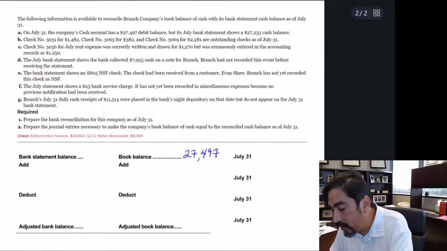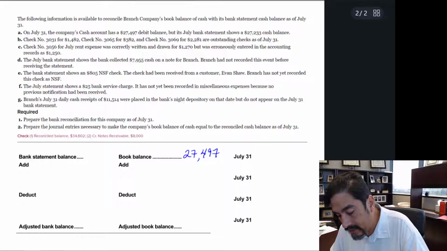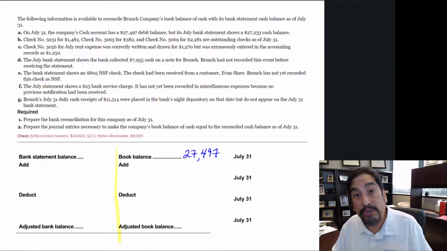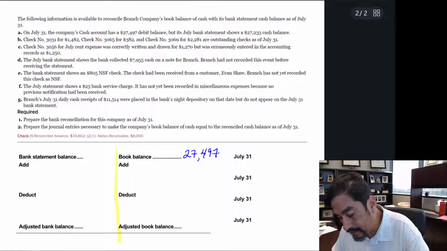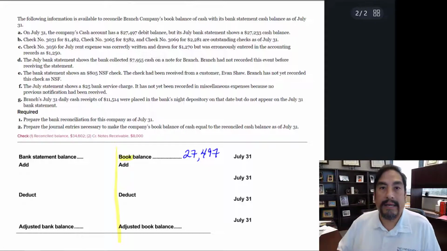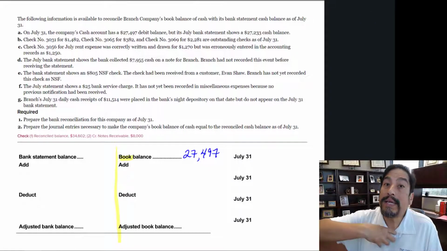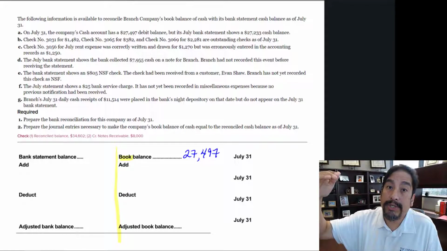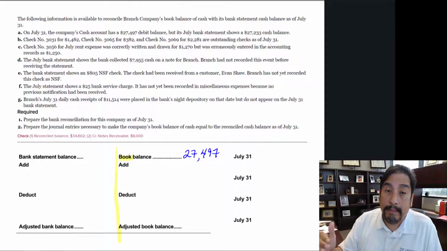$27,497. Remember, we've got two sides to this bank rec. I can draw a straighter line than that. Maybe I can't. We've got one side that starts off with what we say we have in cash and then puts in adjustments for things that we didn't know about and we haven't yet put into our accounting system, which comes down to an adjusted balance.